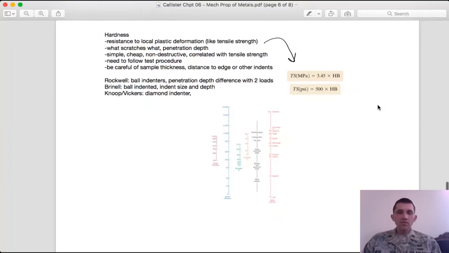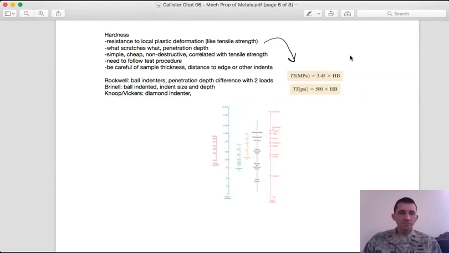And this can be much preferred over tensile testing because it's simple, cheap, fast, non-destructive, and still quite useful because there is a strong correlation between hardness and tensile strength, right? So if I can reduce the ability for the indenter to deform it, then I'm also going to reduce the ability for tensile stress to deform the material.